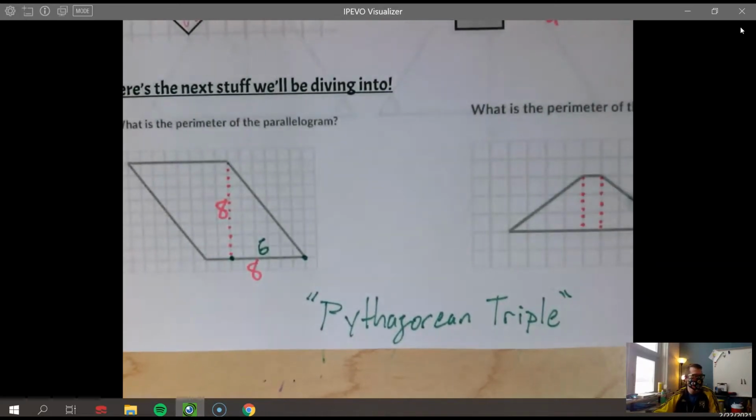Anyone know another Pythagorean triple? 5, 12, and 13 is another Pythagorean triple. If you scale that up to like 10, 24, 26, you can scale 5, 12, 13. Yeah, 500, 1200, 1300. Literally.